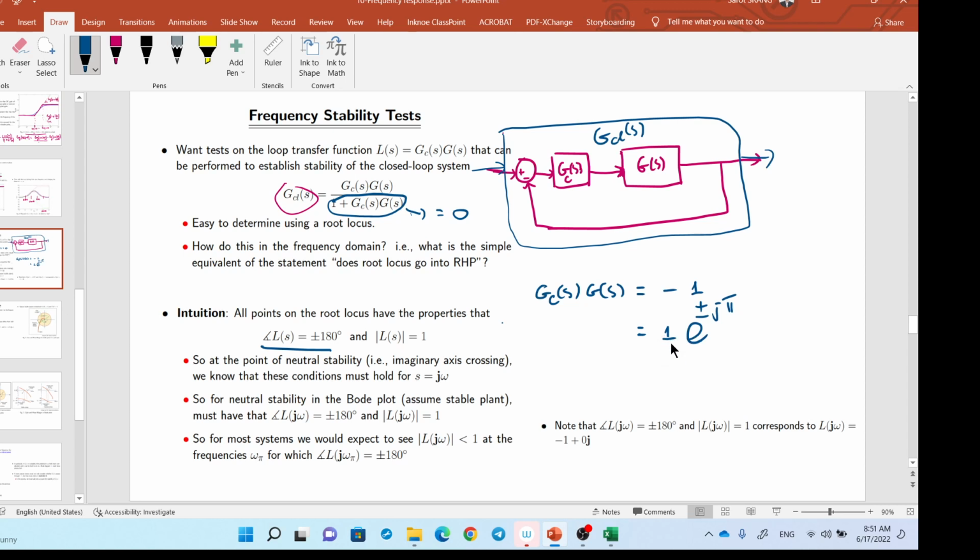So the magnitude of this complex number is 1, and the phase is plus or minus 180 degrees. This means the complex number is the product of these two transfer functions.